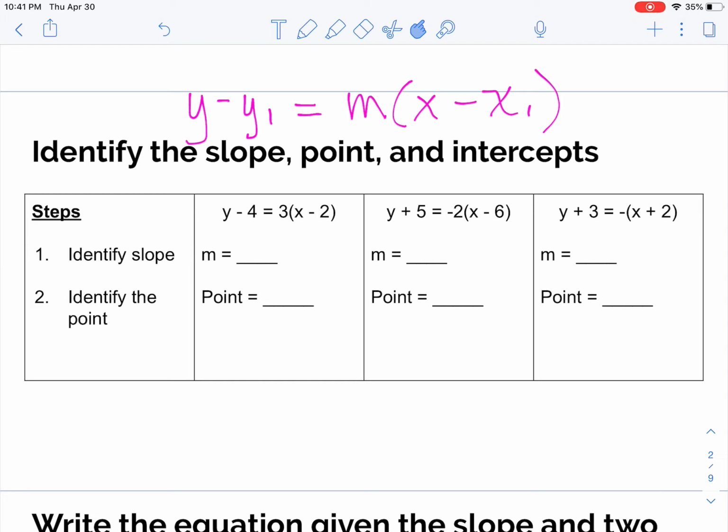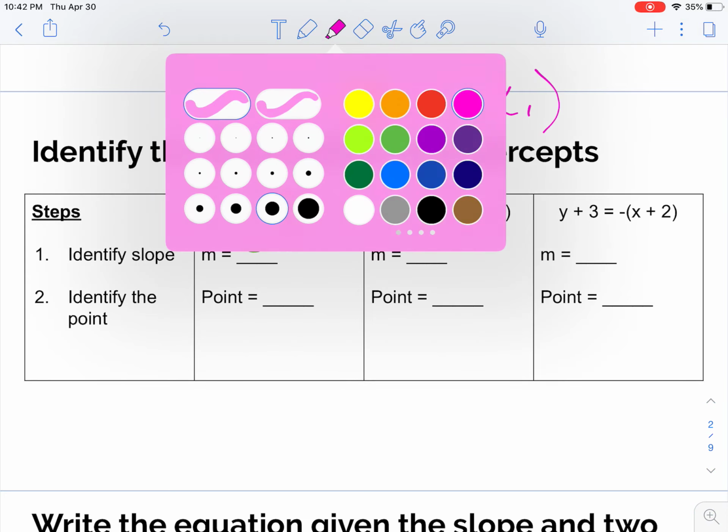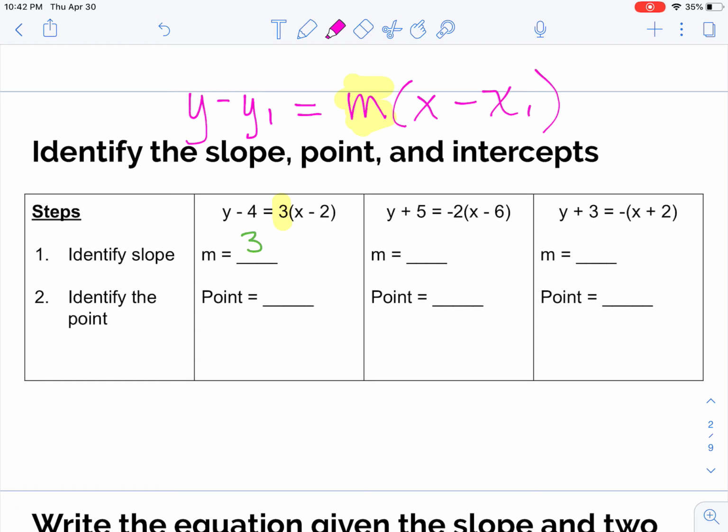So for these, if I want to identify the slope, keep in mind the slope is always going to be where this m is found. So for the first one, it is 3. Okay, and for the x and y values, you're going to find them right here.